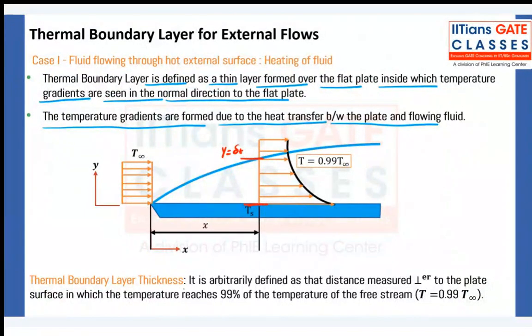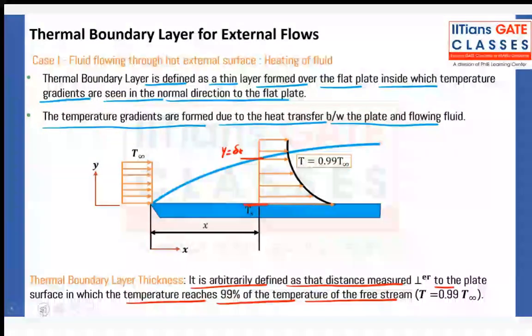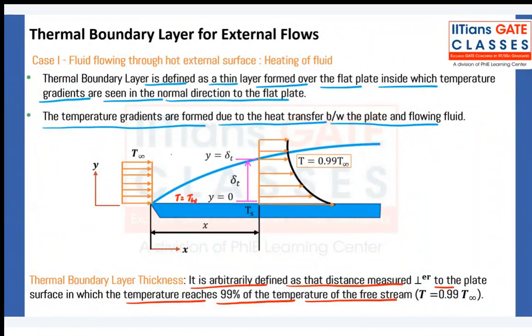It is arbitrarily defined as the distance measured perpendicular to the plate surface at which the temperature reaches 99% of the temperature of the free stream fluid. So here y equals 0, T equals T wall, and T equals 99% of T infinity.